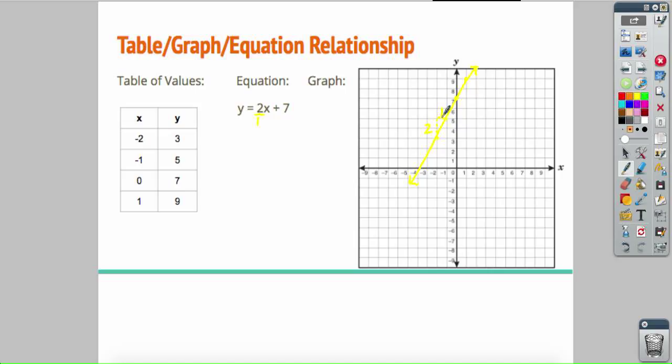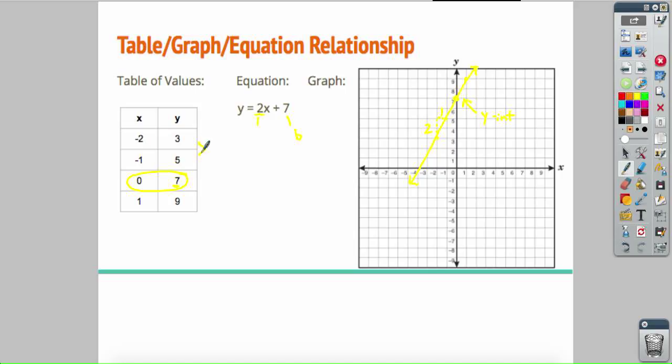Okay, so when I am given a table of values and I see my 0 row here, I know that my 0 row is a 7, and that's represented as my b value right here, and it's represented as my y-intercept right here. That is my 7, or my y-intercept, my initial value. So they're all related. When I'm given a piece of information, it translates to the equation and to the graph.